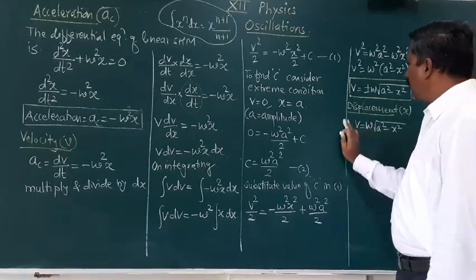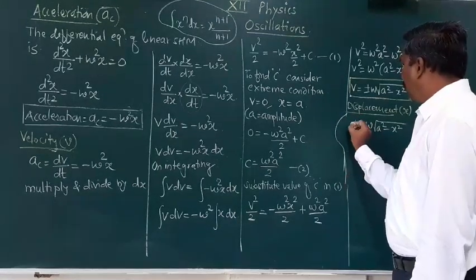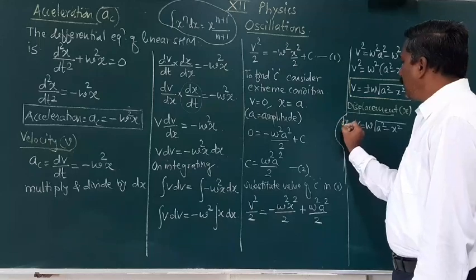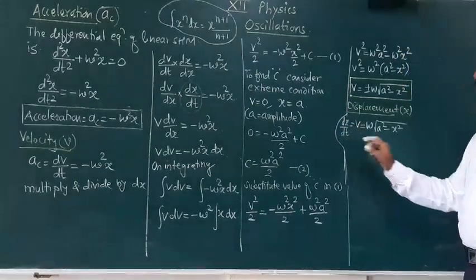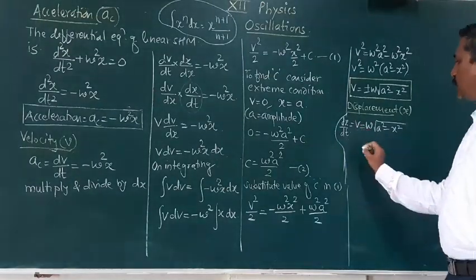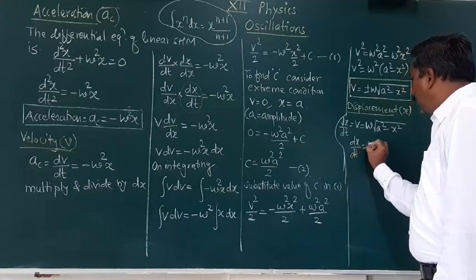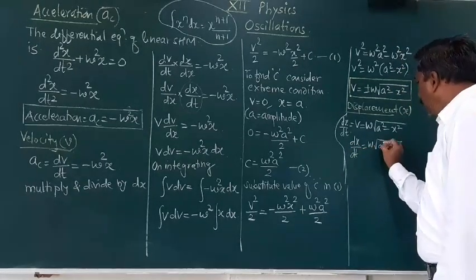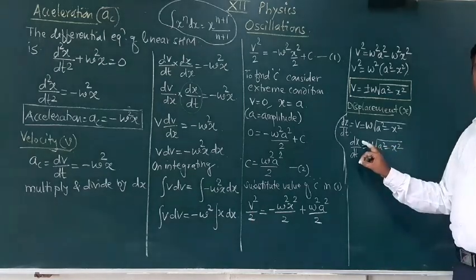But what is the velocity? Again it will be very clear that velocity is nothing but change in displacement per unit time. So dx by dt equals v, that is, dx by dt equals omega into root a square minus x square. We have to find the value of x.